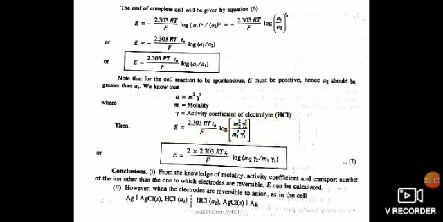The EMF of the complete cell will be given by equation 6: E is equal to minus 2.303 RT by F into log of A1 raised to power Ta divided by A2 raised to power Ta. That equals minus 2.303 RT by F into log of (A1 by A2) raised to power Ta.